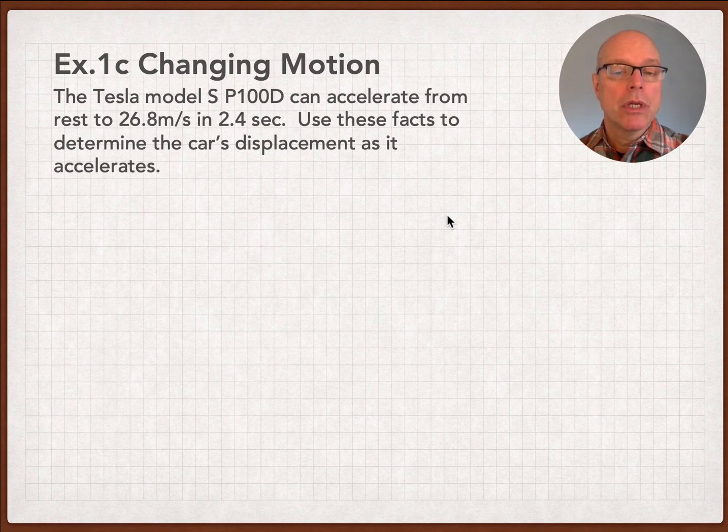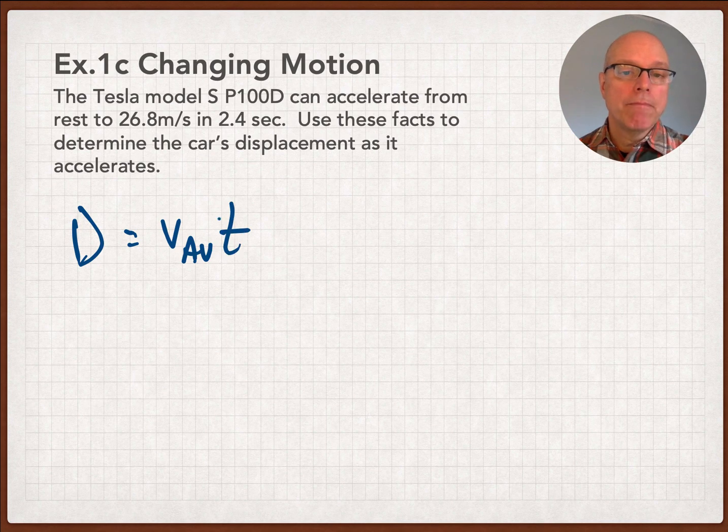All right, next one. Same set of numbers. See if we can use what we figured out already to get the car's displacement. To get displacement, we use D equals V average times T. So what we've done is we've taken our constant velocity formula, D equals V times T, and we've adapted it for the fact that if you can figure out the average velocity between the 2 velocities, you can still use this formula.